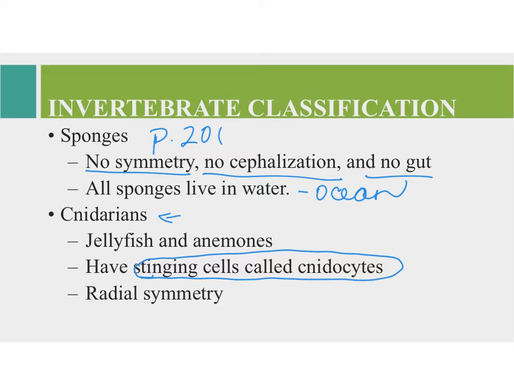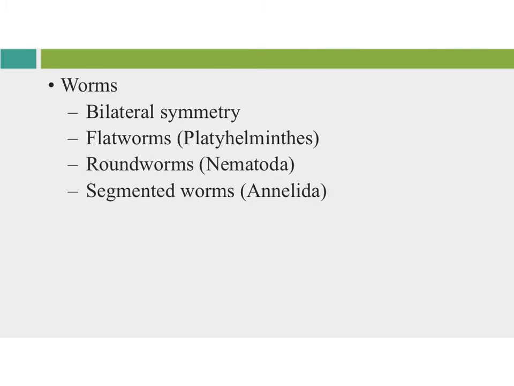Which is actually how they capture their food. They have radial symmetry, and most of these are marine animals. Most of them live in the ocean. In fact, fun fact, corals are cnidarians. Just know that.